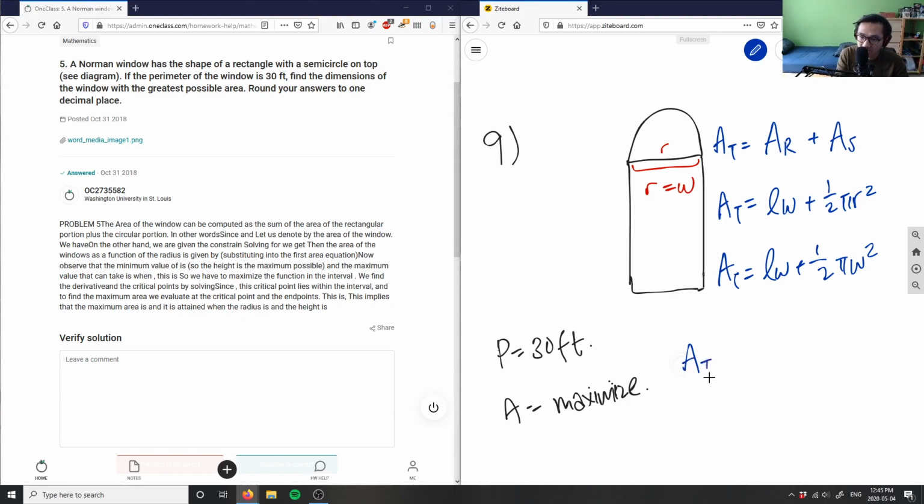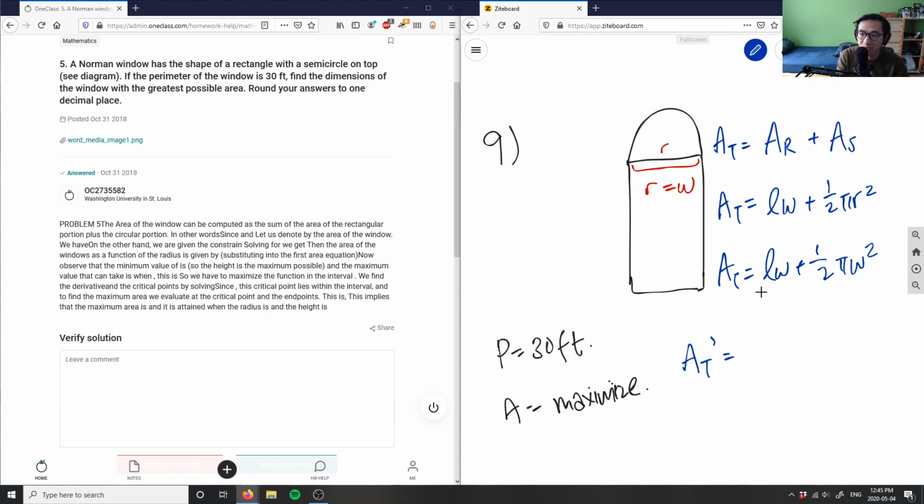So I'm going to say A total prime, this will be the derivative, equals. I can take it with respect to, in this case, width, because I can see I have w in both terms here.